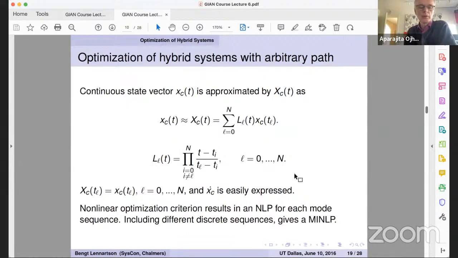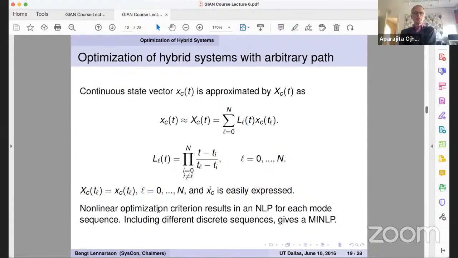I don't think I will try to explain this in detail. The conceptual idea is that by introducing this, we only guarantee that you satisfy your problem in specific time instances. But if you do that, then what happens in between is most often smooth enough to get a good solution.